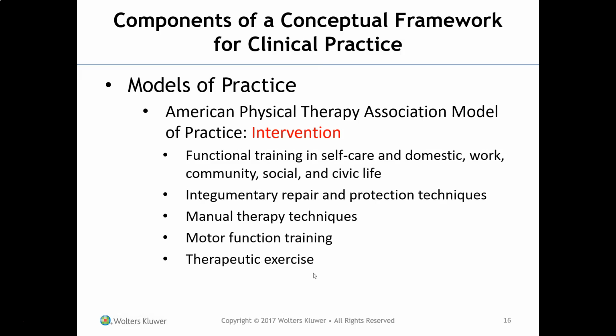What else can we do? Functional training in self-care and domestic work, community, social, and civic life. We can do skin repair and protection techniques, manual therapy techniques, motor function training, and therapeutic exercise. When you go to physical therapy school, this is all the stuff. The intervention is what you're going to look forward to, and this is what you're going to learn.